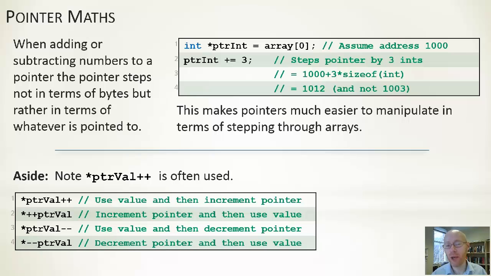In line 2, we have a pre-increment. That is a high precedence, so we'll do that one first. Then we will dereference, so we jump forward to the next int and actually use that value. Lines 3 and 4 are the same notions, but there we're decrementing the value, stepping back. So they're short, convenient ways of saying use the pointer and then step to the next one, or step to the next one and use the pointer.